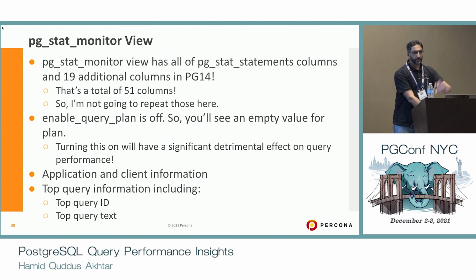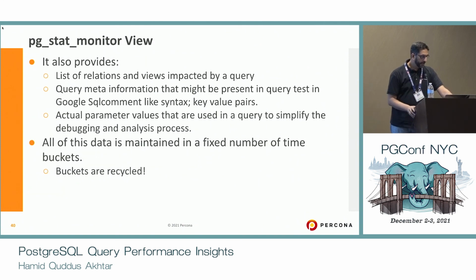So not just that query, but if it's being executed, say, through a nested query, then you have access to that as well. It also provides you with a list of relations and views. That's very useful. That's one of the deficiencies that I saw with pg_stat_statements.